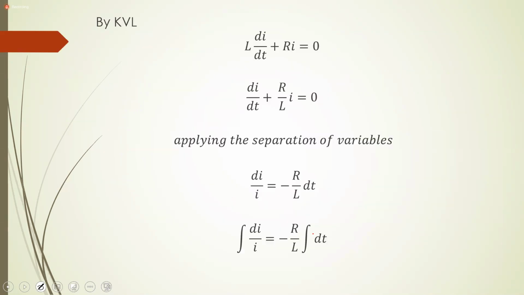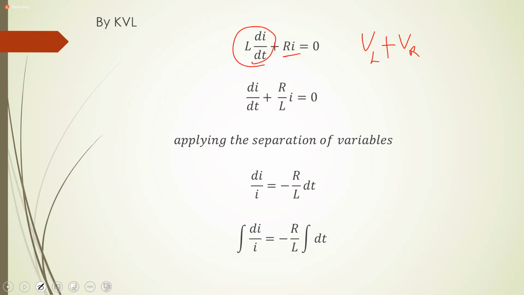So by Kirchhoff's voltage law, I would now have VL plus VR equals 0, where VL is given by L di/dt, the inductance times the rate of change of current, and VR at any point in time is equal to R times i.